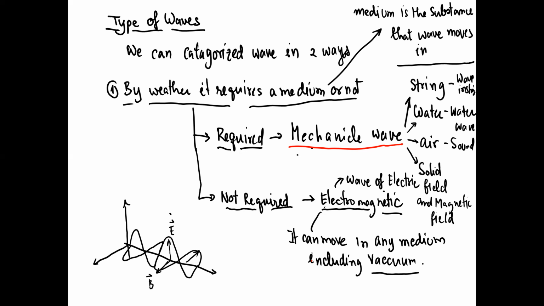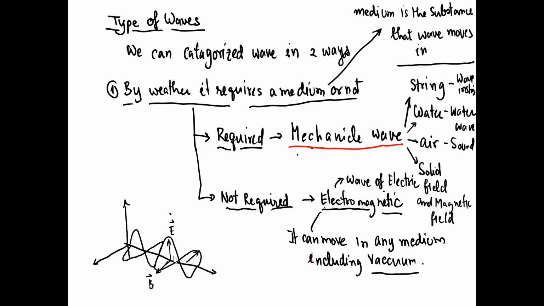And that is called the electric field and the magnetic field, two components that cause it to move, inducing each other. So it's the only type of wave that has two components, the electric field and the magnetic field.